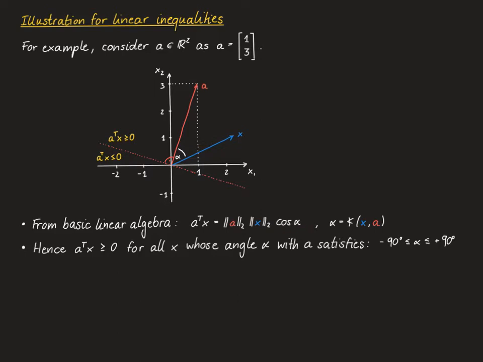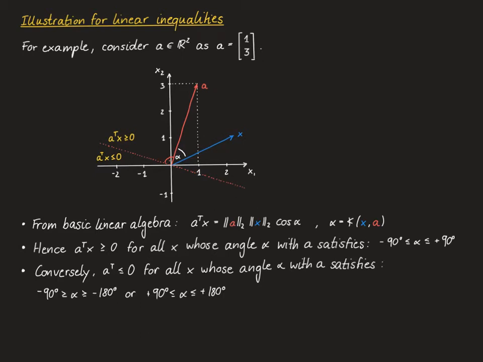So if we draw a perpendicular line onto the vector a, then the set of all vectors x that have a non-negative inner product with a is exactly the set of all vectors that lie above this line in the same direction of a, or which fall exactly onto this perpendicular line.